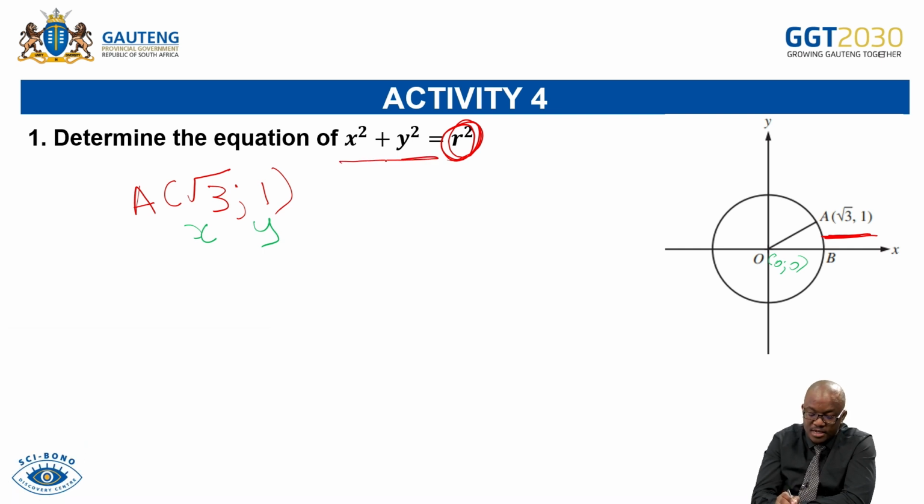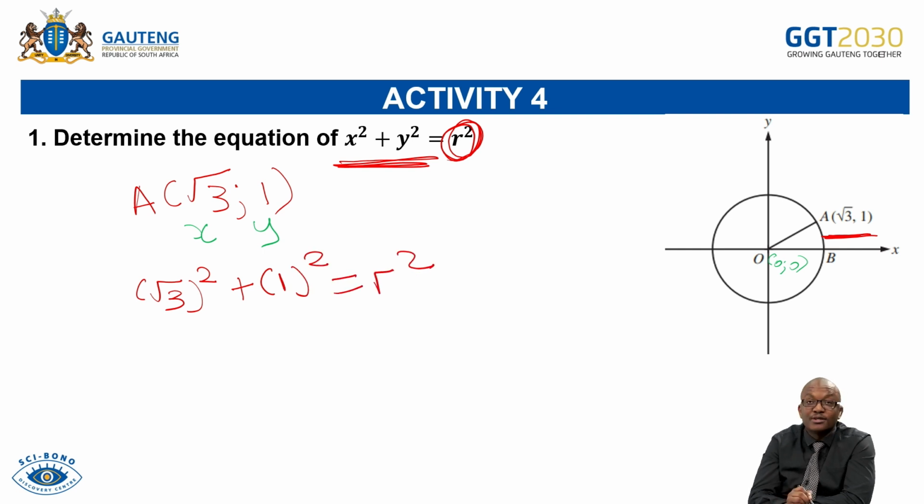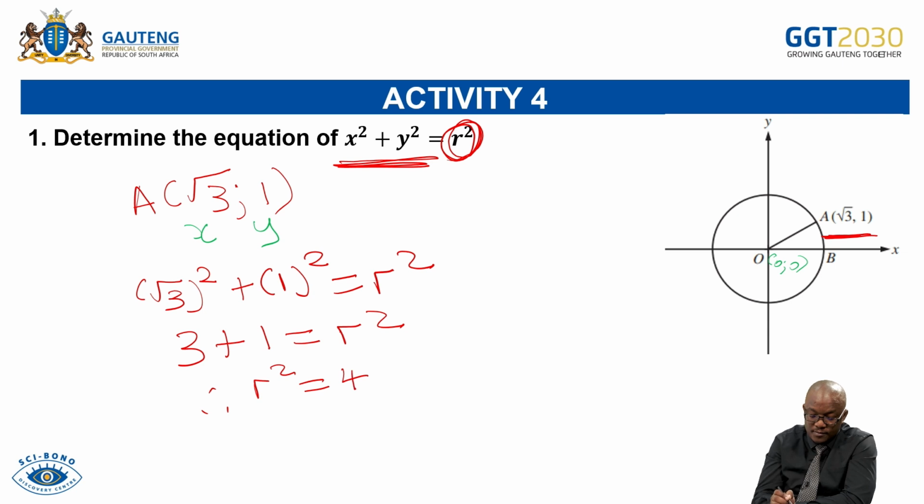Then our equation there is x, which is square root of 3 squared, plus y, which is 1 squared, equal to r squared. We're going to have 3 plus 1 equal to r squared. Therefore, r squared is equal to 4.